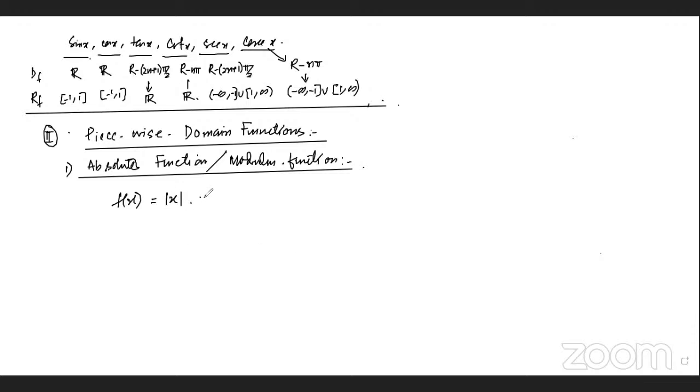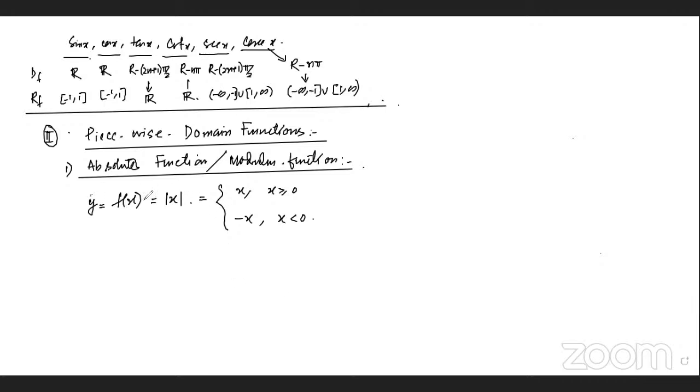And you know that it is defined as x when x is greater than or equal to 0, I mean positive, and it is minus x when x is less than 0, negative. As you can see, y is equal to f(x), y is equal to mod of x. So mod x can never be negative, so y will always be positive, mind it.